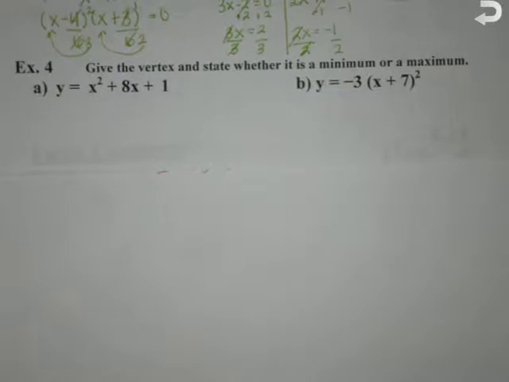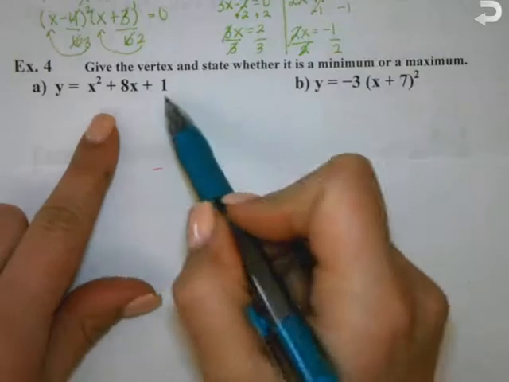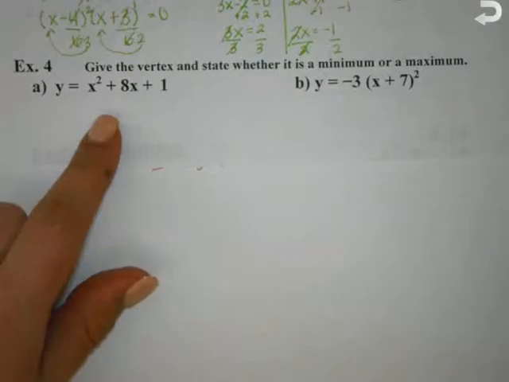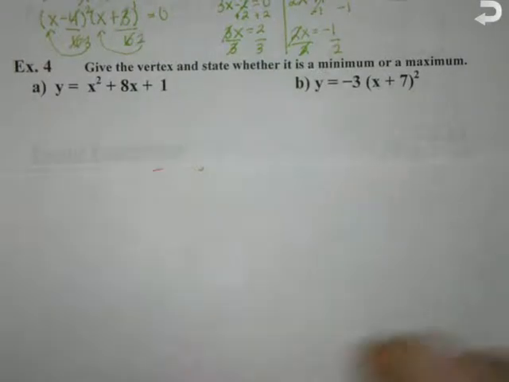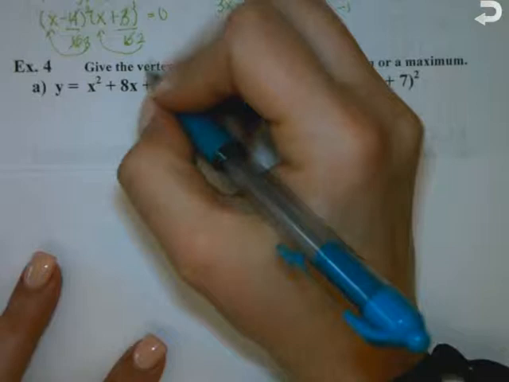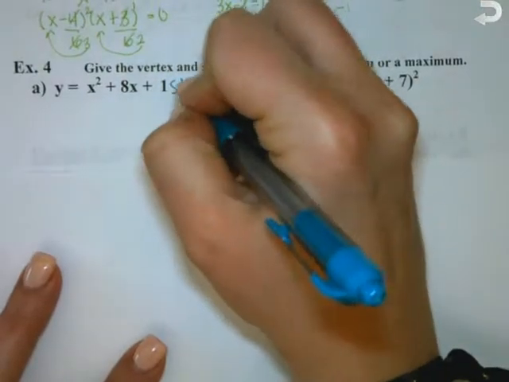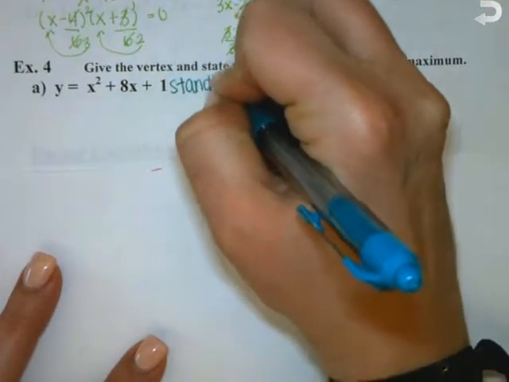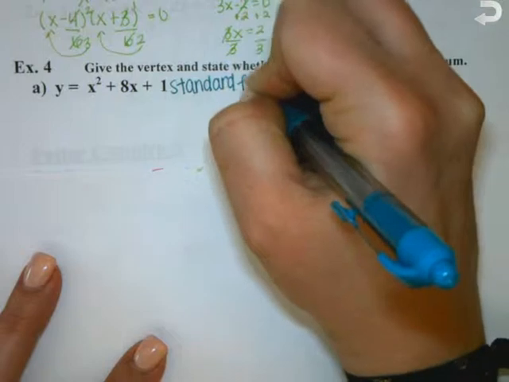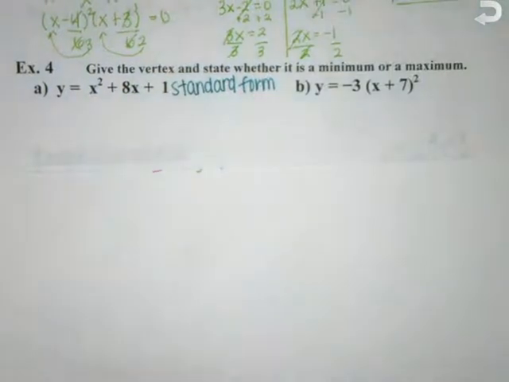We had a standard form and a vertex form. Does anybody have a guess which form part A is? Standard or vertex? It is standard form, so will you label it standard form? Okay. It is standard form.